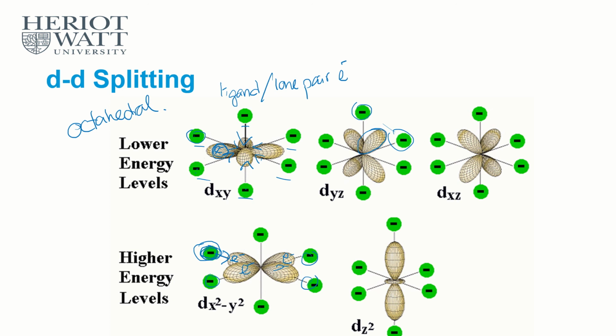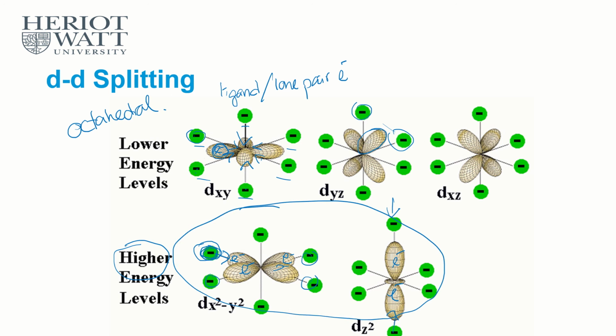They get repelled, and therefore have a higher energy level because of repulsions. And look at dz square. Again, it is lying on the z axis, and the electrons from the ligand come in from here and here, so there are head-on repulsions. Therefore, these two orbitals are at a higher energy level due to repulsion.